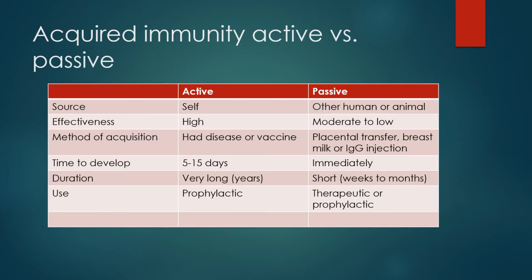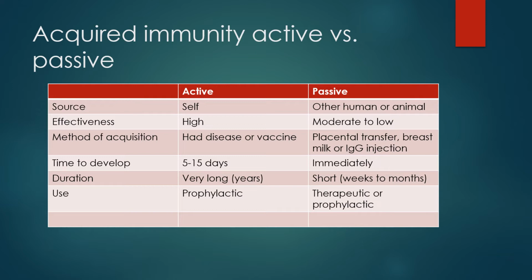On this slide, I have outlined the differences between active and passive acquired immunity. The source of active immunity is self. In other words, you've been vaccinated or you've had the disease. In passive acquired immunity, the source is another human or animal. That's the source of your antibody production. So it may be produced by being given anti-sera or transferred from mom to baby.